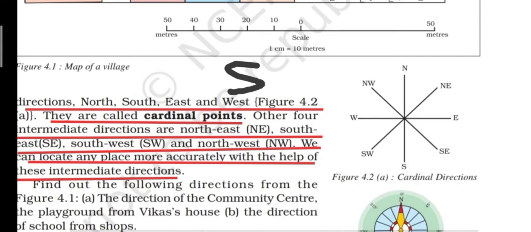Between south and east, you have southeast. Between south and west, you have southwest. And in between north and west, you have northwest. So in between all of these four cardinal directions, we have four intermediate directions which help us in locating places more accurately.